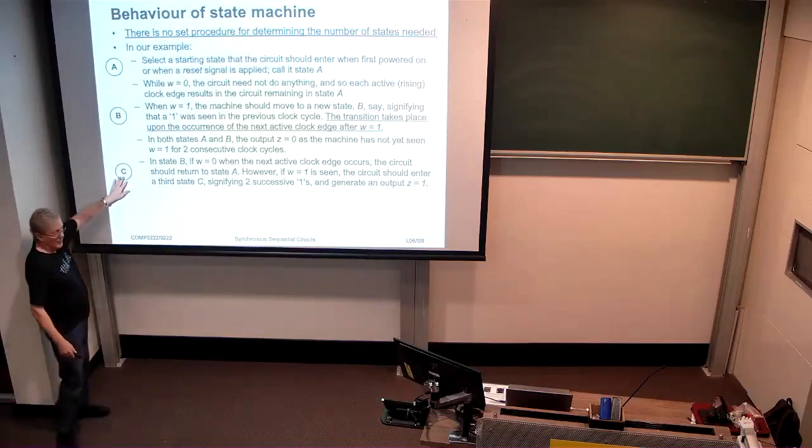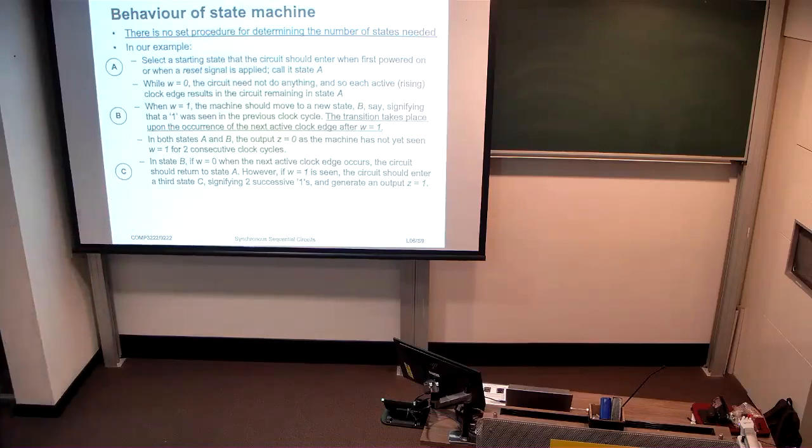We're not done yet though, because in this state we have to consider again what the circuit's response should be for each possible input. If we get a 0, what do you think we should do when we're in state C? Sounds like a good idea. It's of no interest to us. It essentially resets the pattern and indicates we've only seen a 0 in the previous state. There hasn't been 1, 1, 1 seen in the previous state.